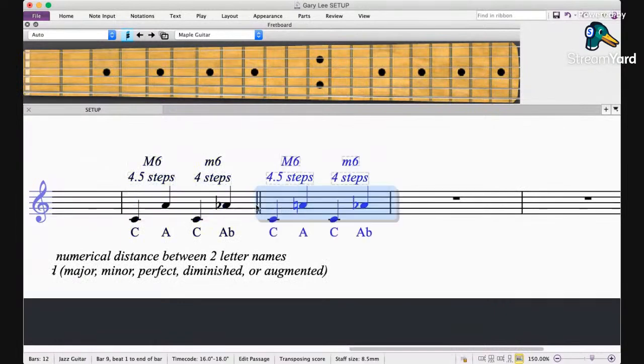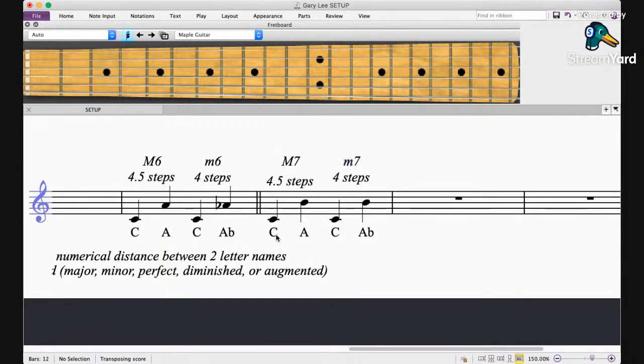All right, one more. Now we're going to do sevenths. A major seventh and a minor seventh. So we've got C to B and C to B flat. So the distance between C and B, so you can see, that's 1, 2, 3, 4, 5.5 steps.